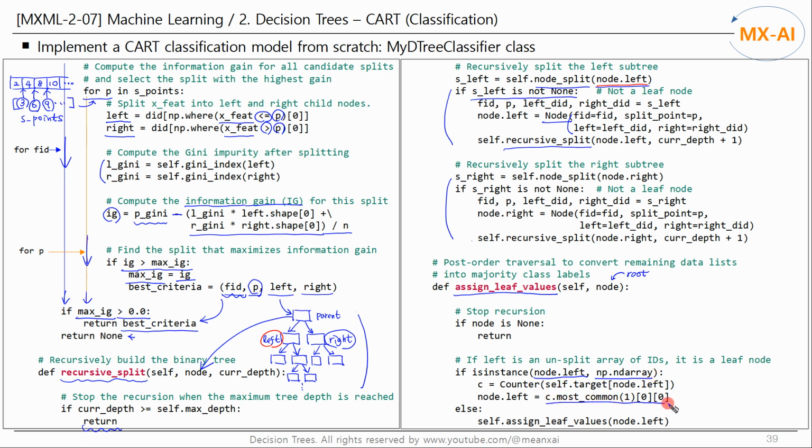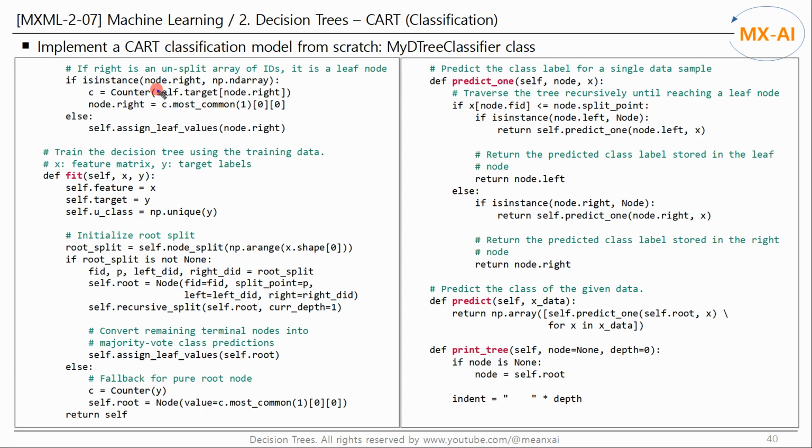Then we assign the majority class label to this leaf node. If it is not a leaf node, recursively continue traversing the tree. Repeat the same process for the right child node.